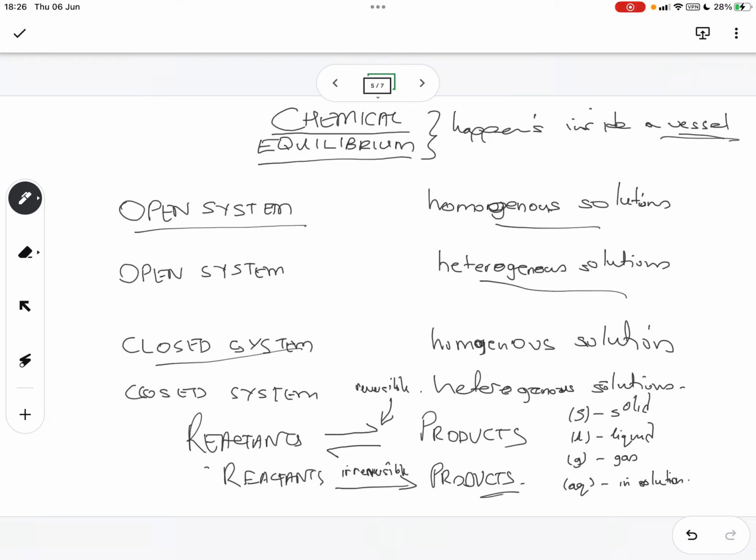However, we need to keep in mind a few things. There are open systems and closed systems, and also homogeneous solutions and heterogeneous solutions.